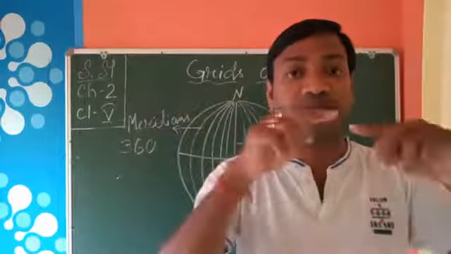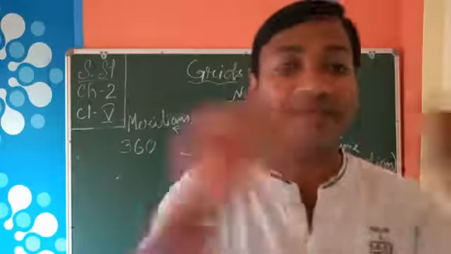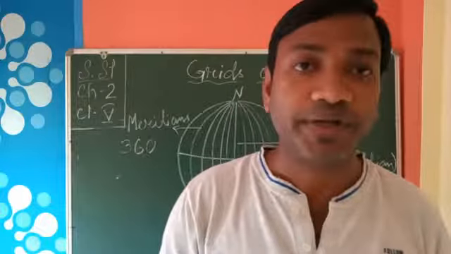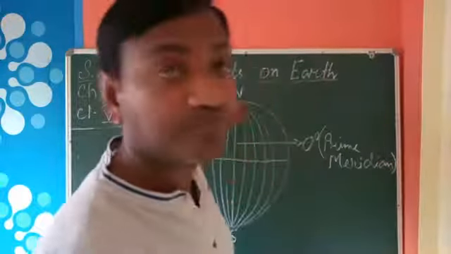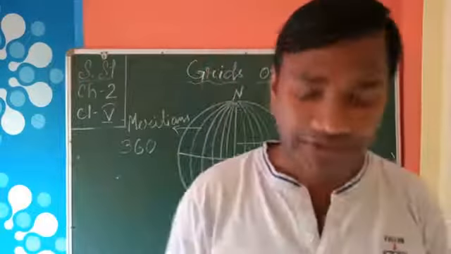So the distance from one meridian to another is more here, and if we go up, it will be less. If we go down, then also it will be less.